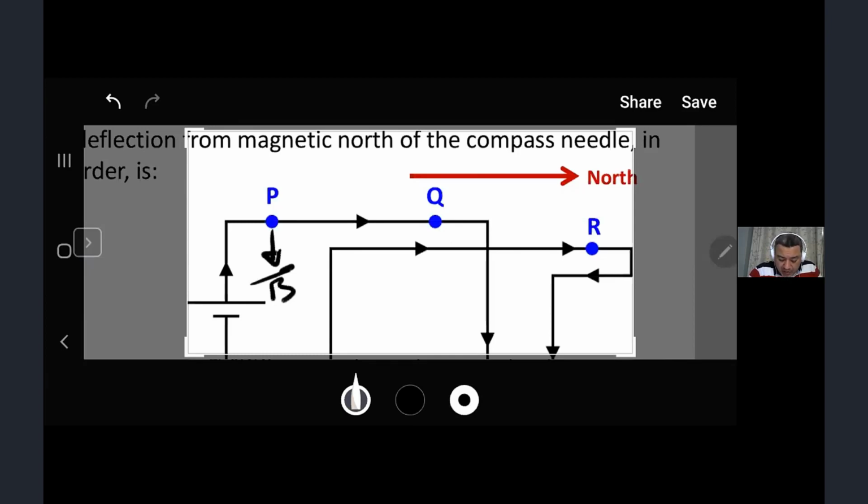Those two currents are going to result in a magnetic field that is stronger than the P case, right? Why? Because now I have two wires. I have two currents. Each one of them is contributing to a magnetic field. So they will add, and I end up with a stronger magnetic field right on the point Q.